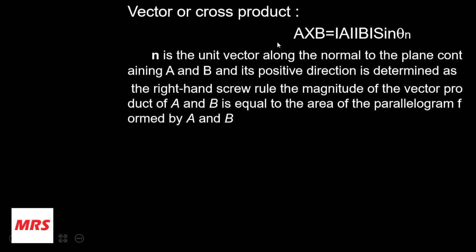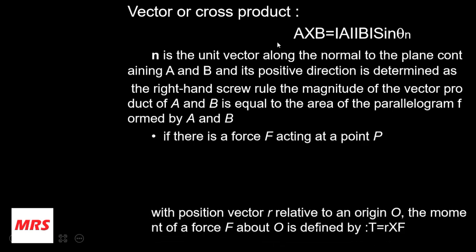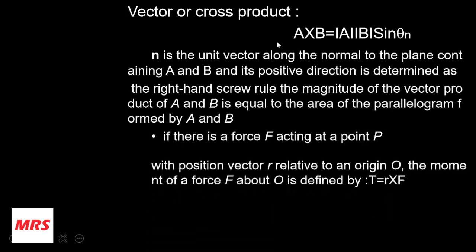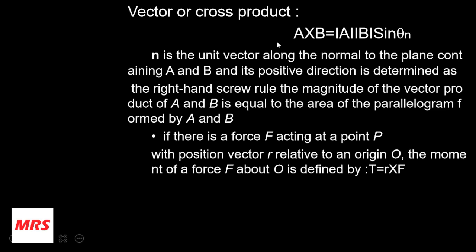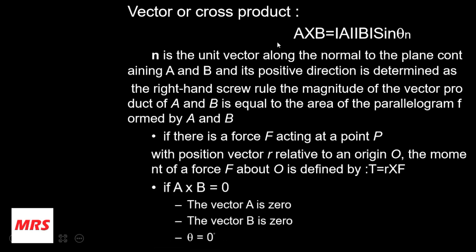The magnitude of the vector product of A and B is equal to the area of the parallelogram formed by A and B. If there is a force F acting at a point P with position vector R relative to origin O, the moment of force F about O is defined by T equals R cross F. If A cross B equals 0, vector A is 0, vector B is 0, theta is 0.